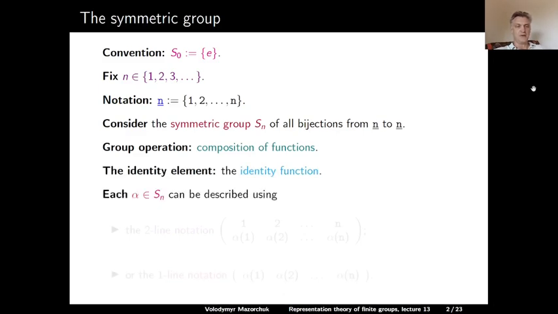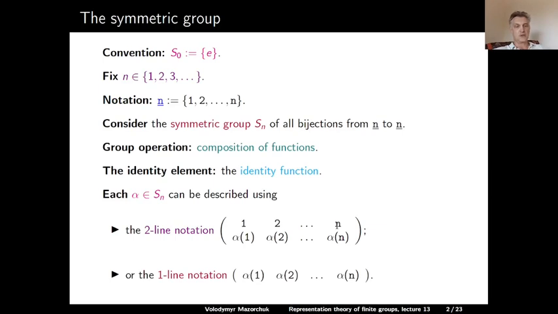Each element alpha of Sn can be described using the two-line notation. So here we treat alpha as a function, and in the first line we list the arguments, so the elements from 1 to n, and in the second line we list the values of alpha on these elements.